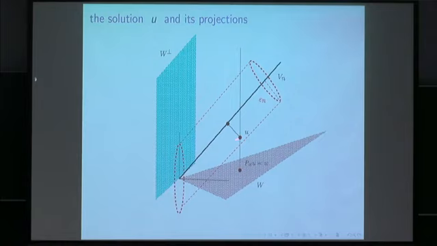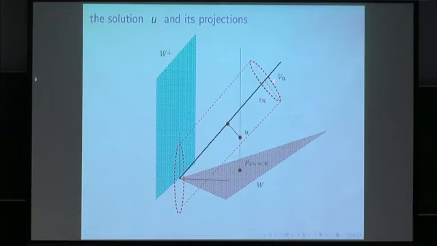The state estimation is practically having this point and this space here, and finding the best compromise: a point which has the same data and is not too far from Vn.